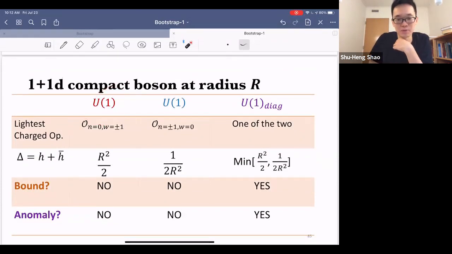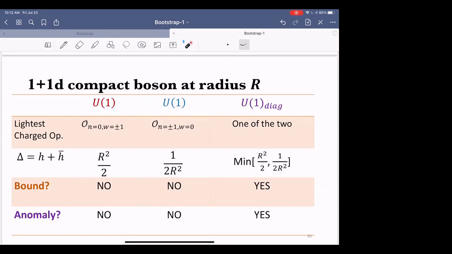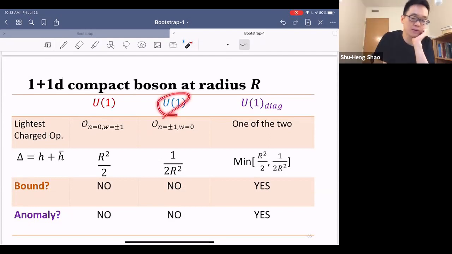The compact boson provides a counterexample to any putative bound on the lightest charged operator, and you can look at the Zn subgroup of the U1, etc. Okay, right. I think I missed that before. But if you take a more interesting group, I have to think more about it. But at least for Zn and U1, the compact boson is manifestly a counterexample.